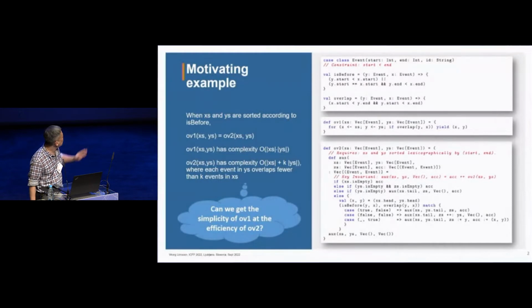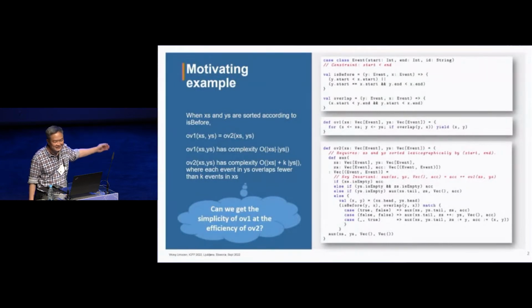Very simple. If you look at OV1, the function OV1 is in comprehension syntax. It's very easy to see what it means, right? If you give me two lists of events, Xs and Ys, find the X and Y that overlapped. Very straightforward. You understand what it means. OV2 is another function.